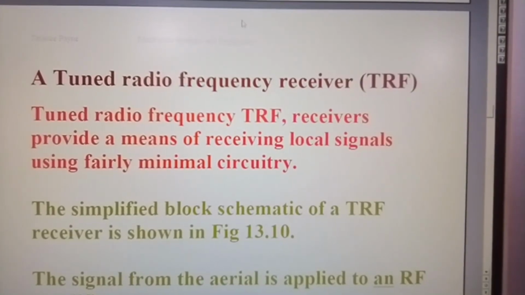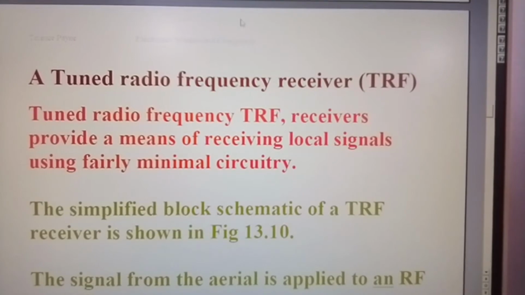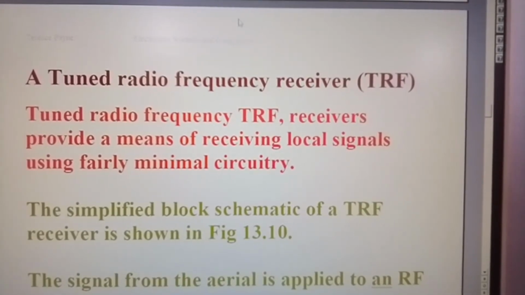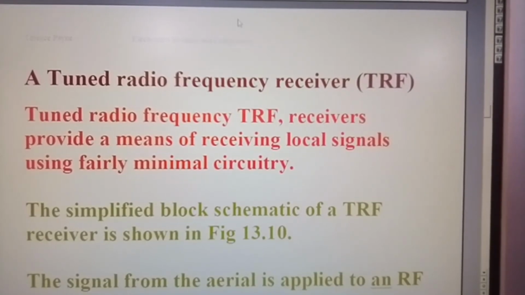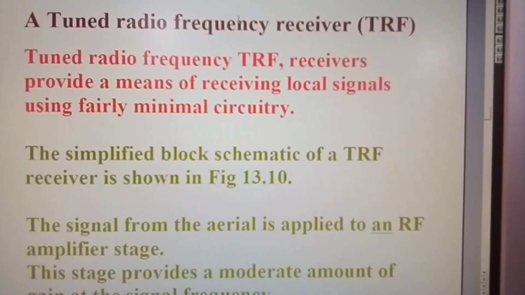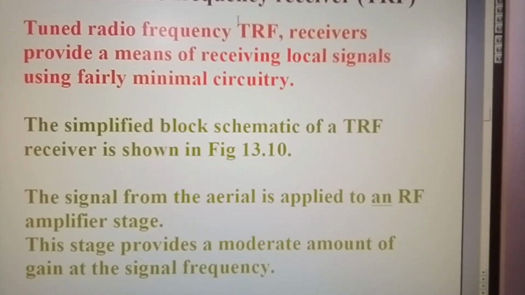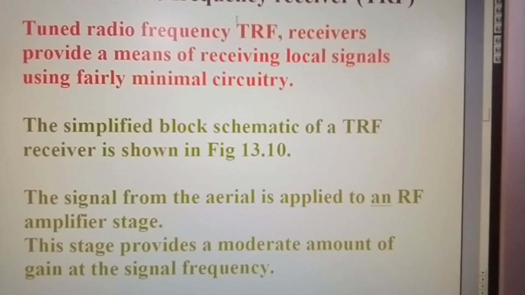Now, a tuned radio frequency (TRF) receiver. Tuned radio frequency receivers provide a means of receiving local signals using fairly minimal circuitry. The simplified block schematic of a TRF receiver is shown in figure 13.10. The signal from the aerial is applied to an RF amplifier stage.